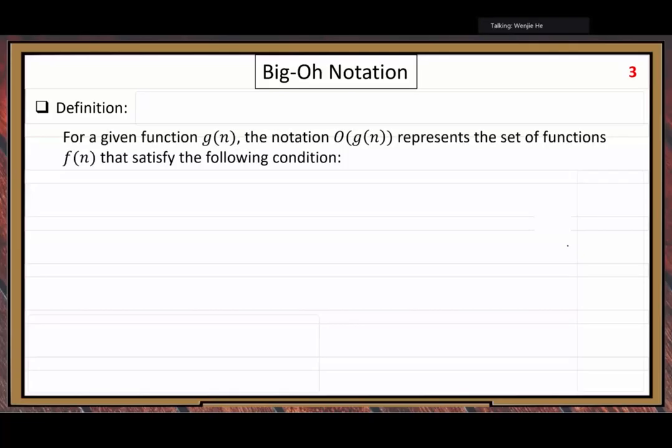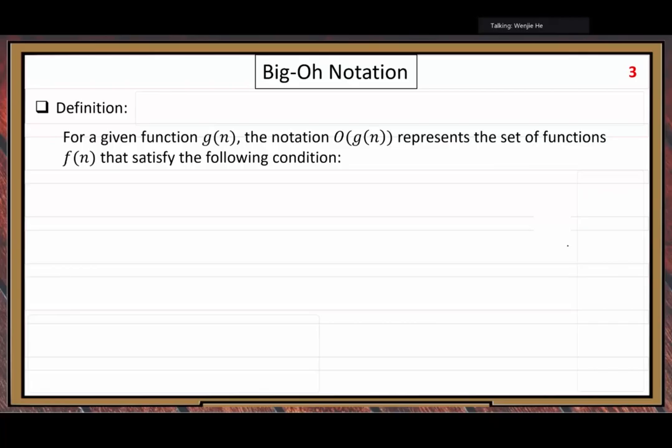For a given function g, the notation big O of g is our fourth asymptotic notation. We learned 3 before; this is number 4, the fourth one. It represents a set of functions. It's a set. Now, what's the meaning of this notation? A set of functions.